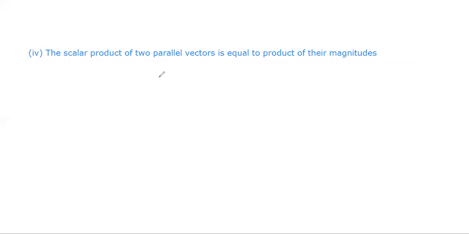Now, if two vectors are parallel, that means theta between them is 0 degrees. So if you find dot product of two parallel vectors, what you get? You get AB cos 0, right? Or you get AB because cos 0 is 1. So dot product of two parallel vectors is equal to product of their magnitudes, that is A into B.